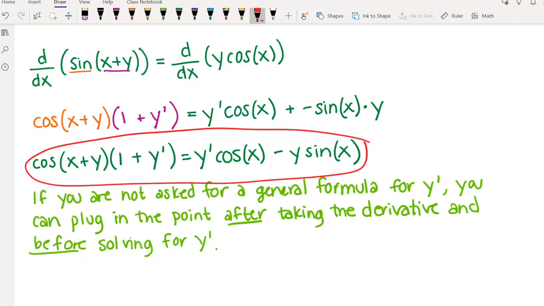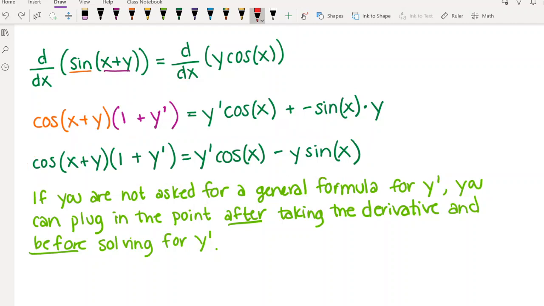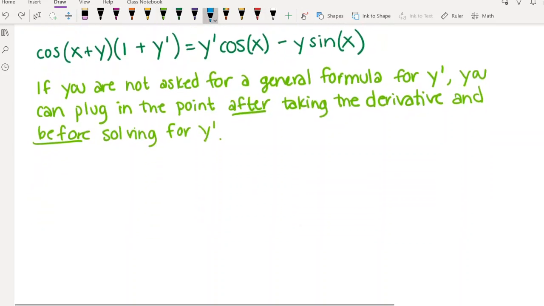It's not going to be that bad, but the algebra is a little annoying. There's a lot of stuff going on, because we have an x, we have a y, we have y prime, we have all this other stuff. We have 3 different variables in this equation. So if we plug in our number, we'll be left with only one variable, right? If we plug in the point, so the point that we were looking at here was pi over 2.